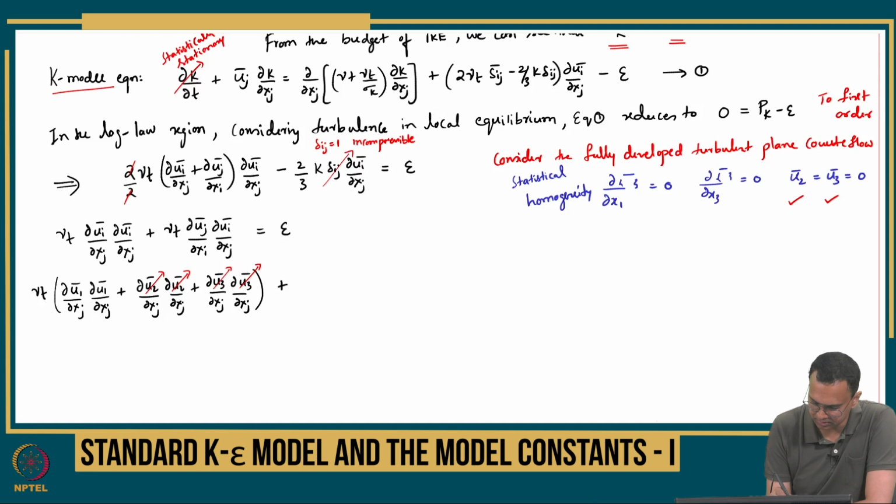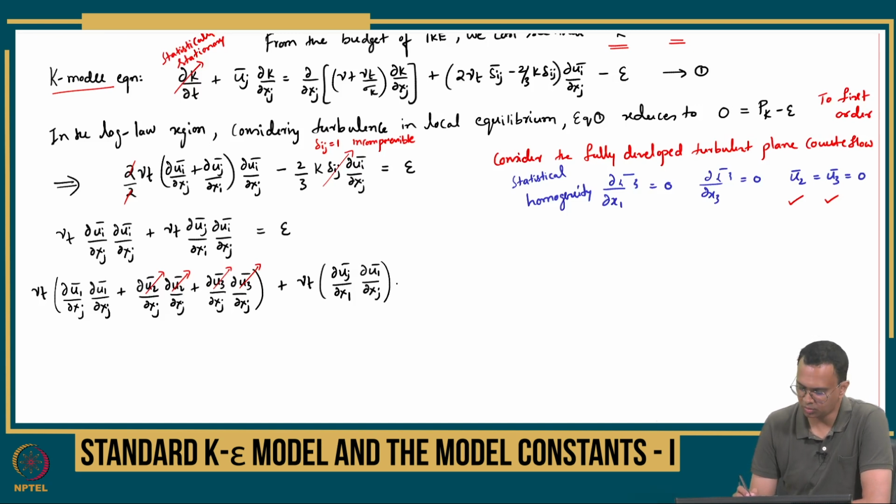So we will see the other term, which is plus ν_t. This particular term again I set, let us say, i equal to 1 now. So I get ∂uj bar/∂x1, ∂u1 bar/∂xj. Now what is ∂/∂x1 of any statistical quantity? 0 here, statistical homogeneity.